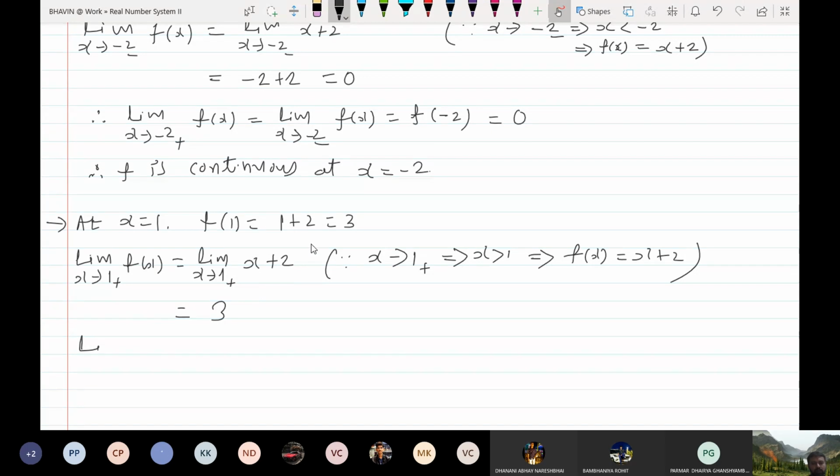If these two are different, then directly you can say that f is discontinuous. Since these two are same, I should also find out left limit at x equal to 1. What is f(x)?